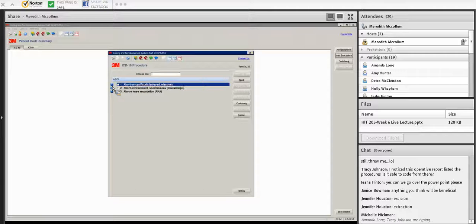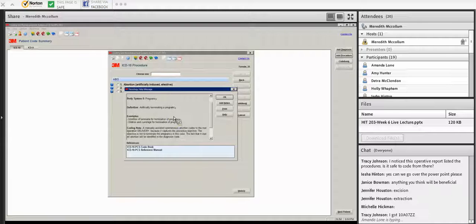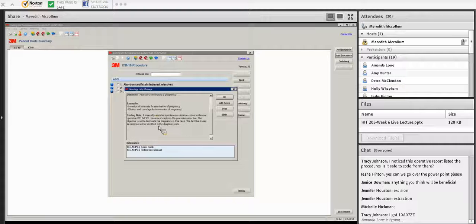So with this abortion, artificially induced, elective, artificially terminating a pregnancy, and actually, see, I don't agree with this. Manually assisted spontaneous abortion codes to delivery because it captures the procedure objective.